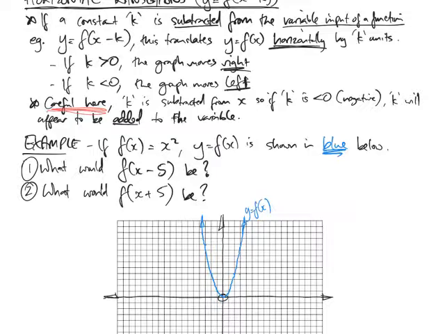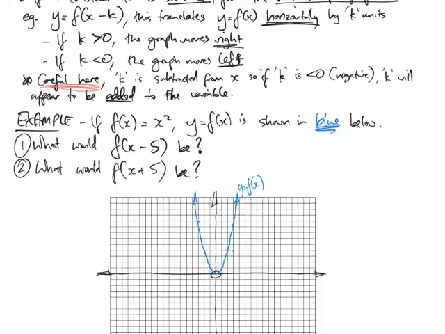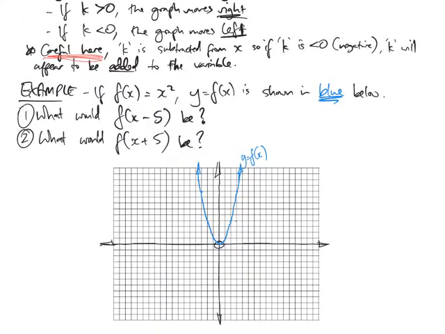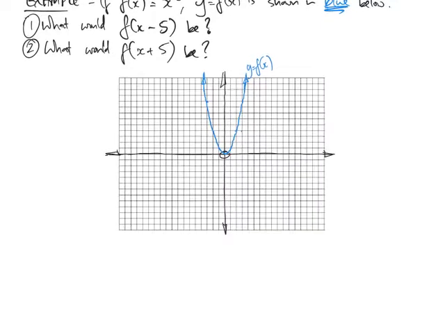And because it's still x take away 5, it must be a positive 5 that was used. It must be a constant of positive 5, so it will move to the right by 5 units. So I'm going to do f of the function of the variable take 5 in red. 1, 2, 3, 4, 5 across.